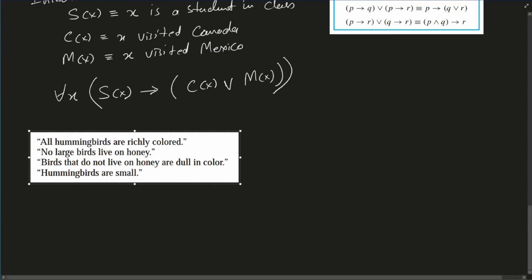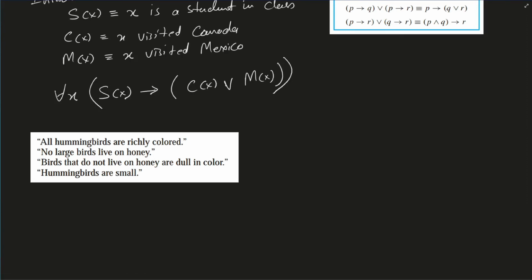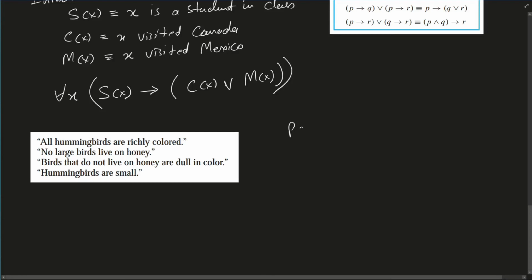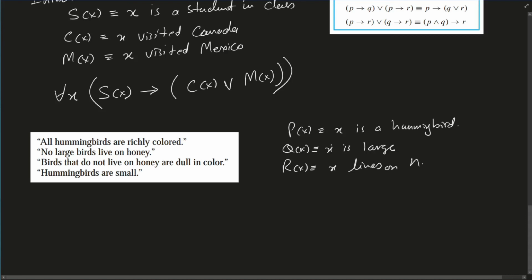Let's translate that. Let's define the following statements. Let's define P of x to be x is a hummingbird. Let's define Q of x to be x is large. Also, let's define R of x to be x lives on honey.